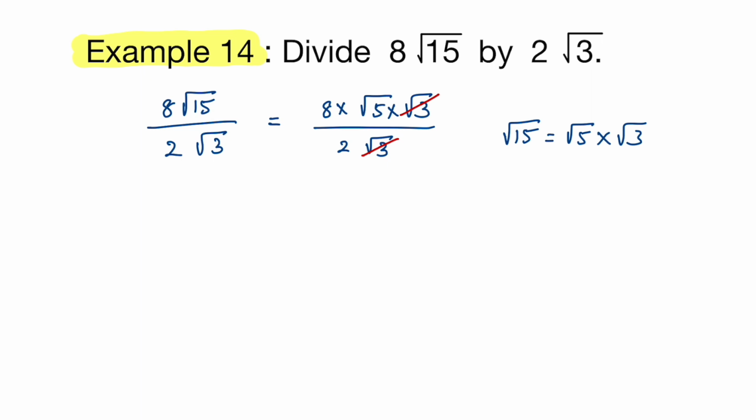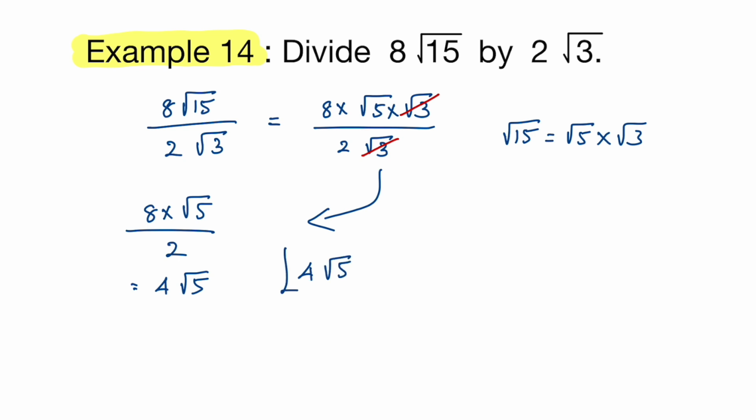So that we have done. Now what we are left with is 8 times root 5 divided by 2. Now this 2 you can divide 8 by that and that would give you 4 root 5, right? And 4 root 5 is the answer to this question.